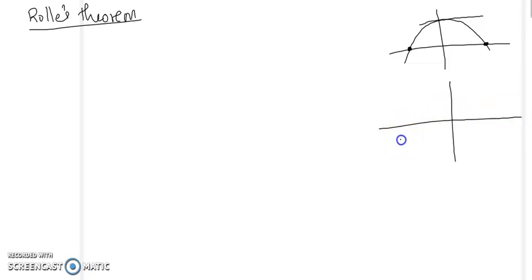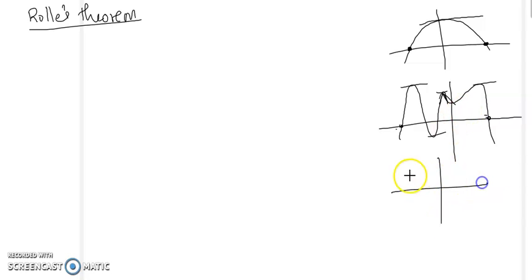Now it need not be exactly 1 point. Okay, this is a smooth curve. Here between these 2 points the function intersects the x-axis. So here you can have more than 1 point where you have a horizontal tangent line.